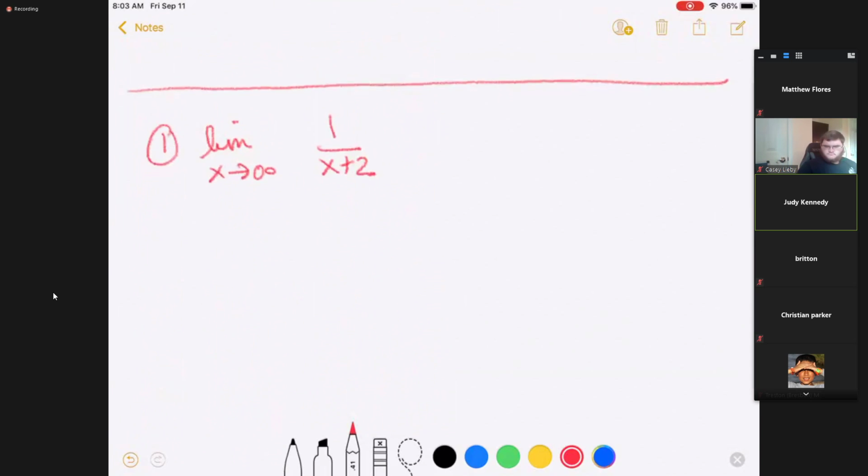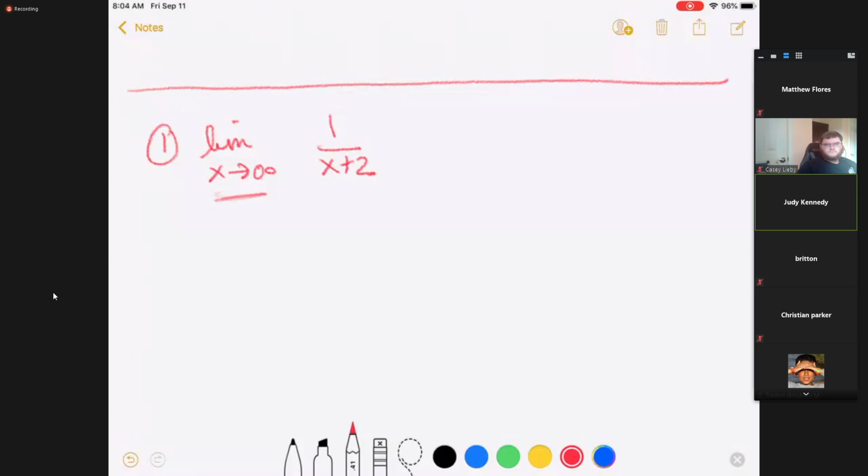Okay. So if you want to take the limit as x goes to infinity of 1 over x plus 2, well, what's happening here? You're taking larger and larger numbers. You want to pay attention to what x is going to. Okay, x is not going to a number here.